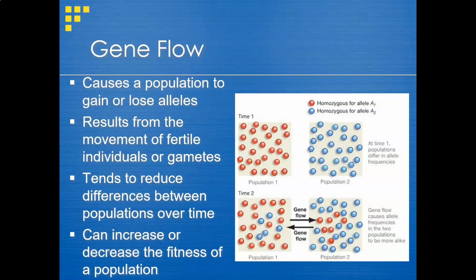Gene flow, this is also something that will alter the frequencies in a population, and gene flow is either the loss or the gain of alleles based on the movement of individuals from one population to the next. The more gene flow that happens between two isolated populations over time, the more we mix up their gene pools, the more we reduce the differences between them over time.